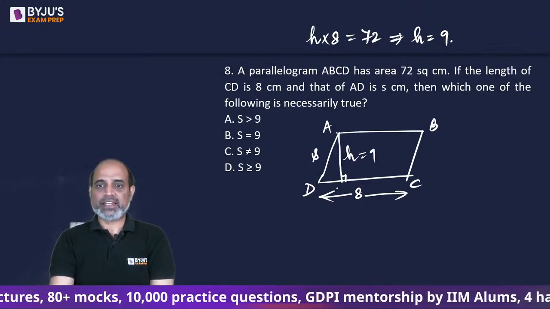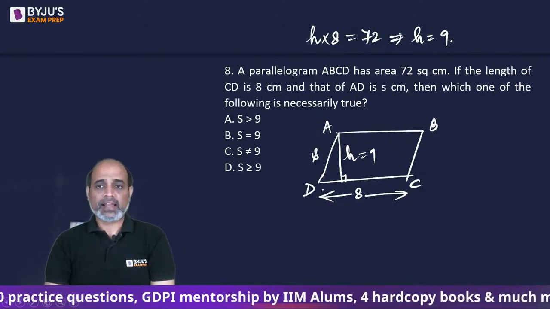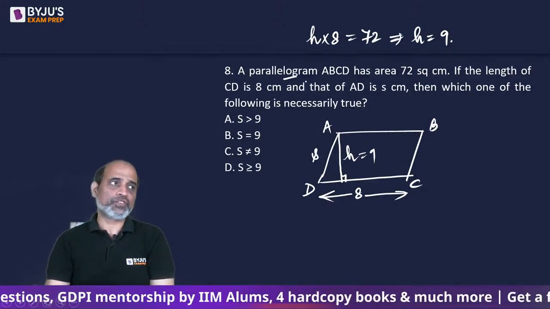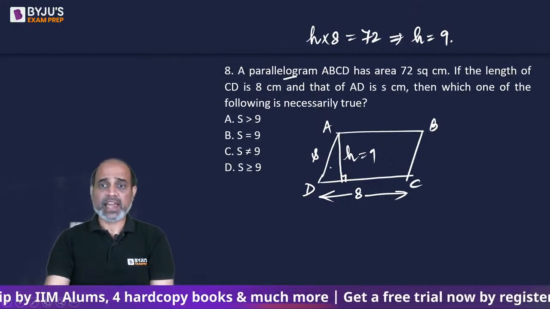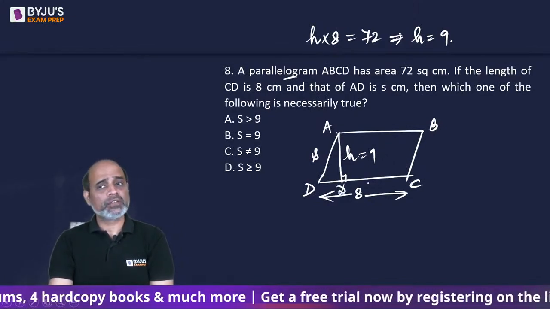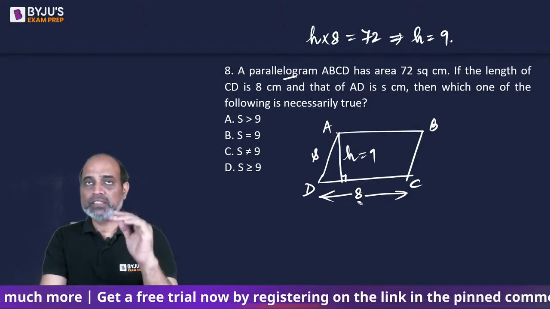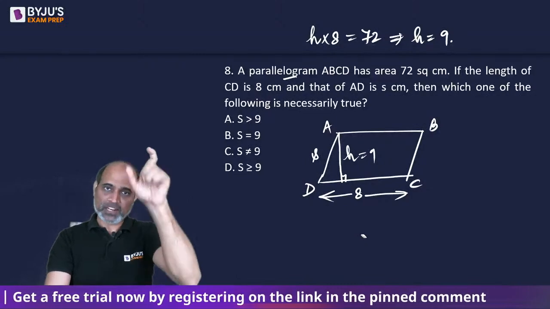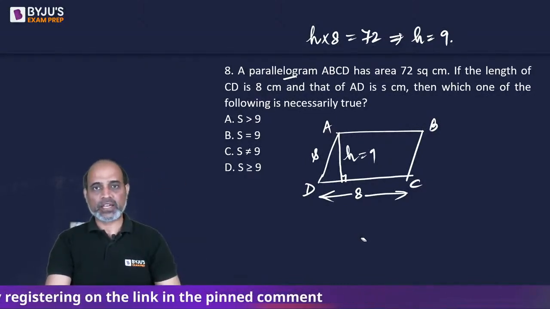So if h is 9, can we say s will be bigger than 9? And since we are talking about a parallelogram, we can also have a rectangle. As in actually this point turns out to be D and C will shift. So a parallelogram is the head of the parallelogram family. Under parallelogram, you do have rhombus, rectangle, square, ye sab aate hain.